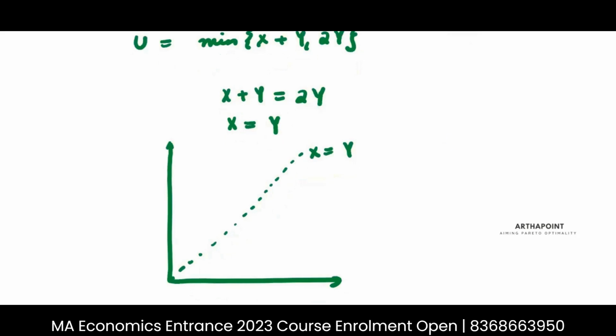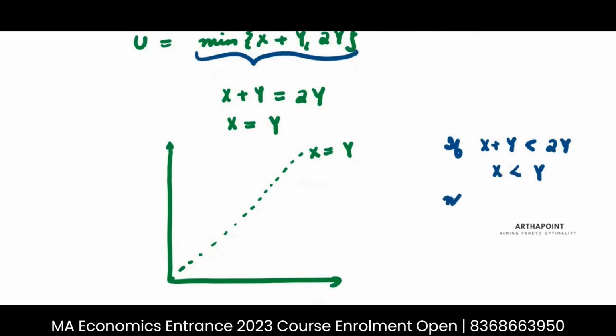If x plus y is less than 2y, which means if x is less than y, then the minimum between x plus y, comma 2y will be x plus y. So let's again put the utility to some number. Let's say I put it equal to 4.